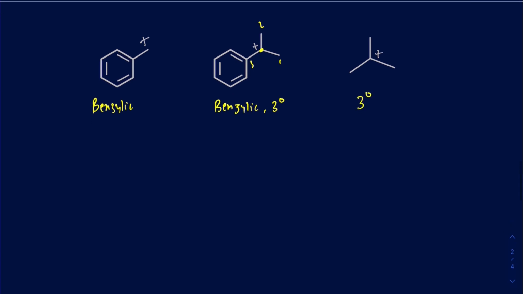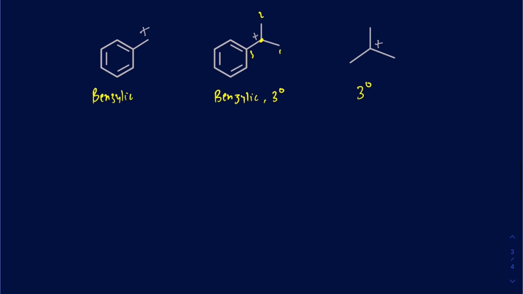So if I want to compare the stabilities, the second one has two effects going on. It's got the resonance and it's got the hyperconjugation effect. So that's going to be your most stable. If I call this A, B, and C, then in terms of the stability, your B should be the most stable, followed by your C, because your hyperconjugation is still going to be taking over the benzylic, especially when the benzylic is all by itself, and then followed by your A.